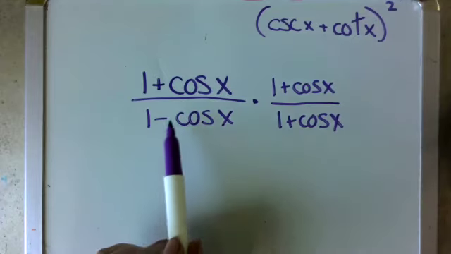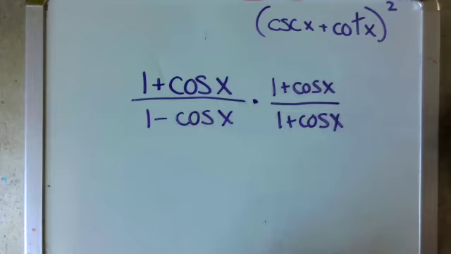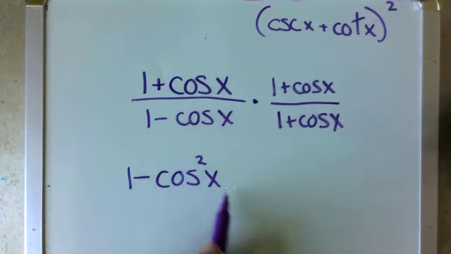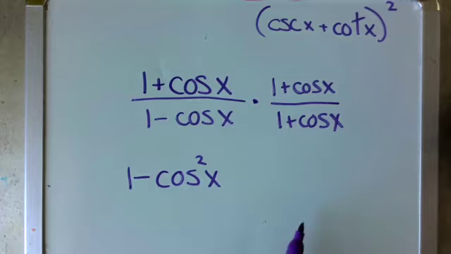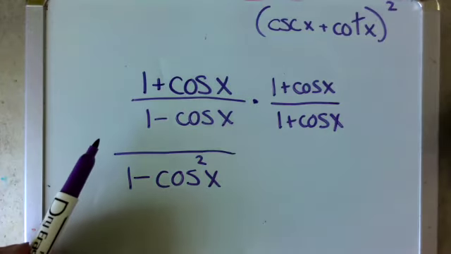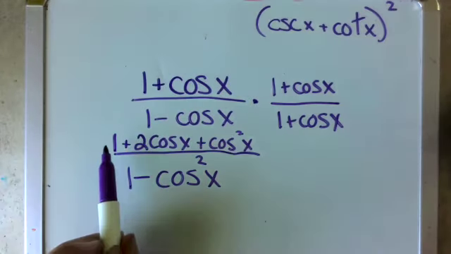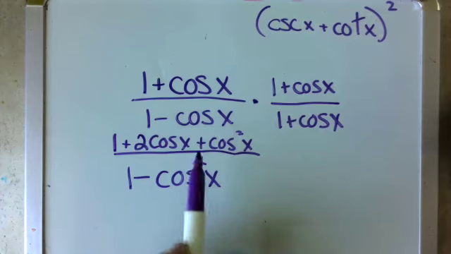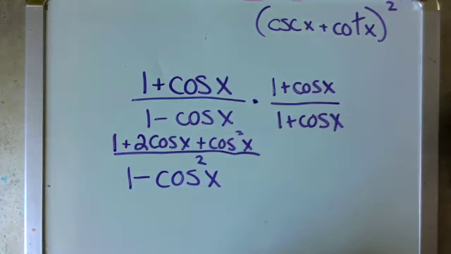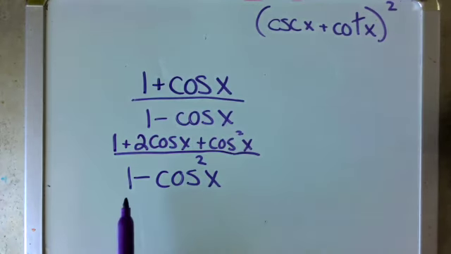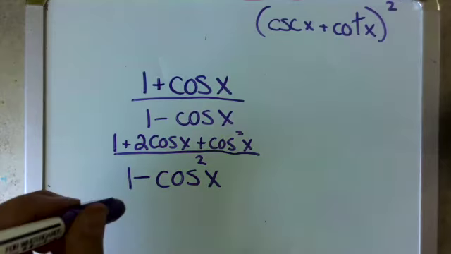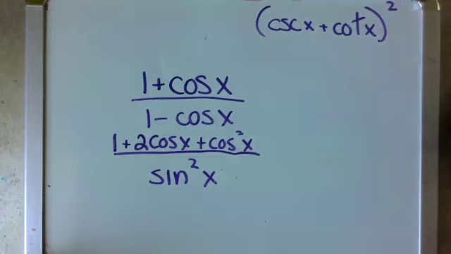If I do 1 minus cos x times 1 plus cos x, I'm going to end up with 1 minus cos squared x on the bottom. Now on the top, that's going to give me 1 plus 2 cos x plus cos squared x. The next thing I'm going to do, the whole reason I did this, is 1 minus cos squared x. There's a substitute there. That just becomes sine squared x.